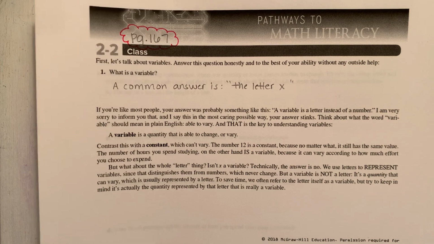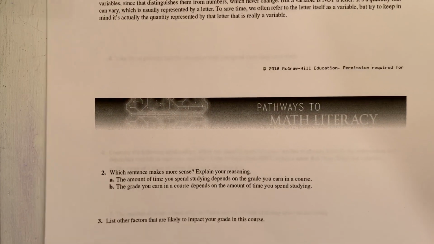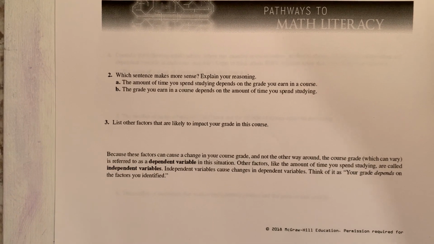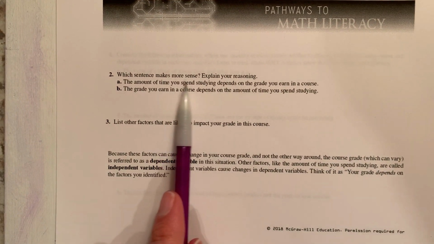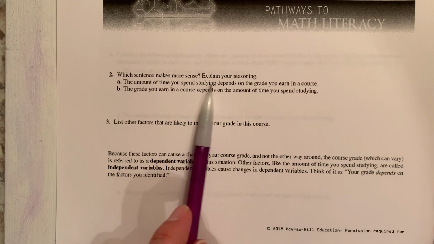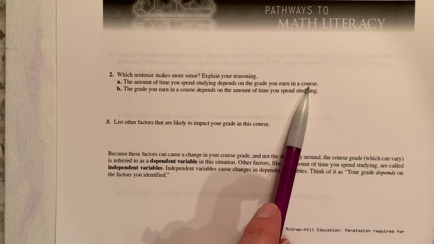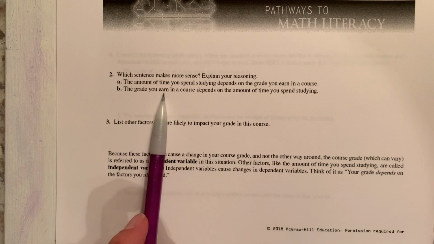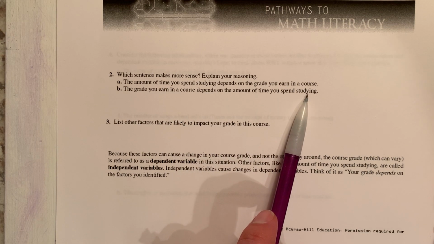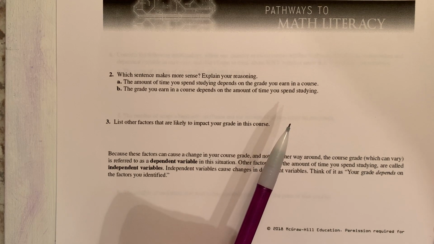Okay, so let's move on to number 2. Which sentence makes more sense? Explain your reasoning. The amount of time you spend studying depends on the grade you earn in a course. Or, the grade you earn in a course depends on the amount of time you spend studying. If you read both of those very carefully, pause the video if you need to read them again.